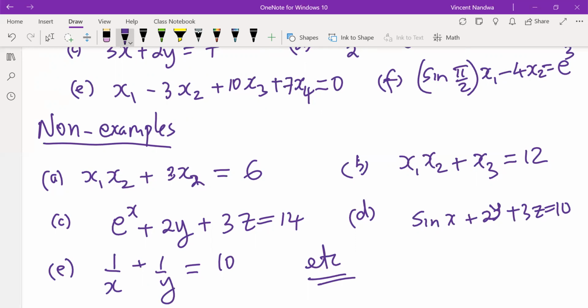After defining a linear equation, let's define what we mean by a solution of a linear equation.